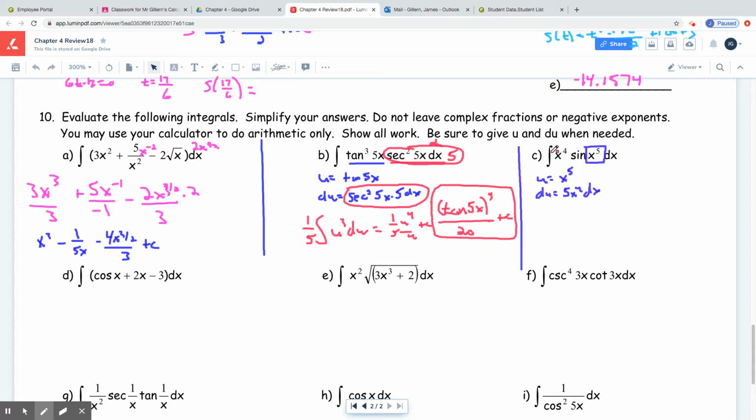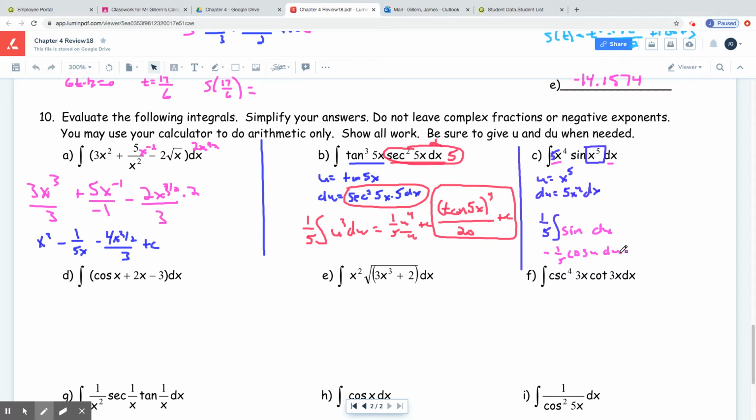I need to add a 5 in, which means I get a 1/5 on the outside. All of this is my du, and I'm left with sine. Well, what's the integral of sine? Once again, you can look at your sheet, but it's negative cosine u du.